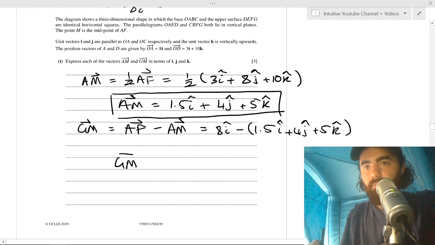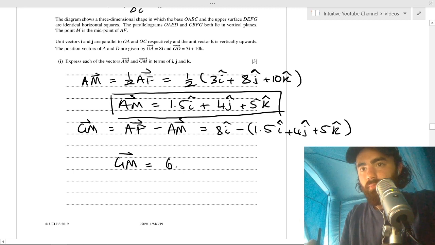So therefore our GM equals 6.5I minus 4J minus 5K.